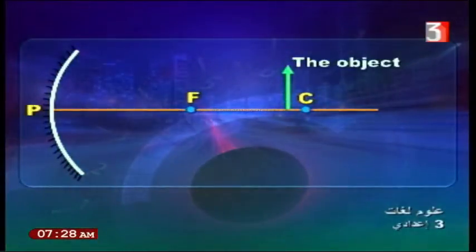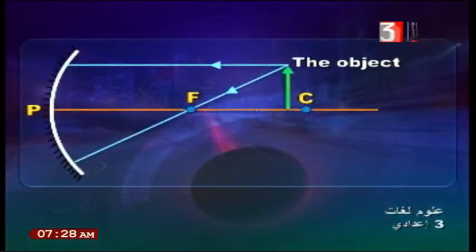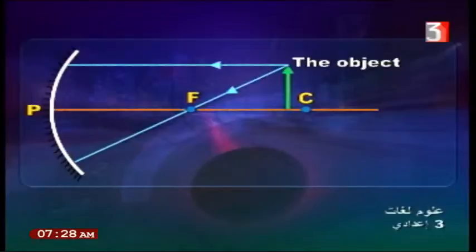Another question in our general revision: if we have a concave mirror as shown, and the object is between the focal length and the center of curvature, we can find the image of this object using two rays.